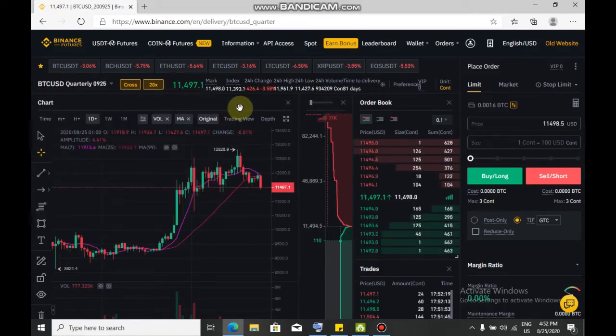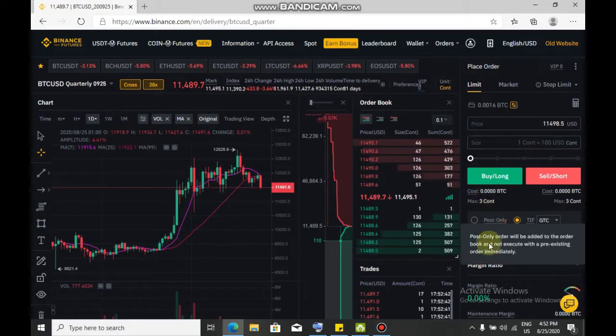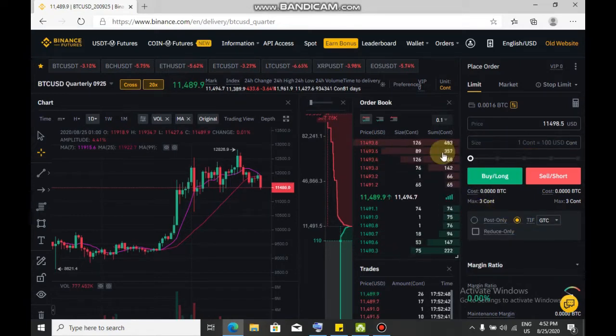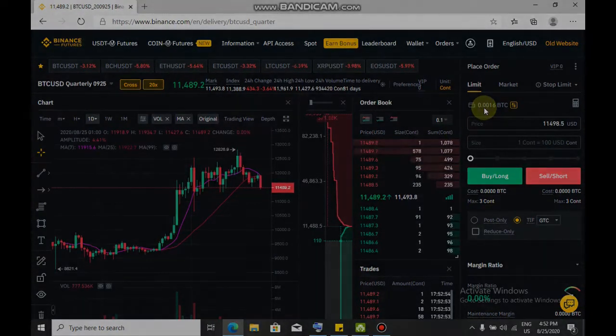And in coin margin futures on Binance, BTC is used as collateral here. All right, it's BTC that we use as collateral. So as you can see, there's a coin margin futures interface there. There's the order book, orders happening. You see the types of orders.